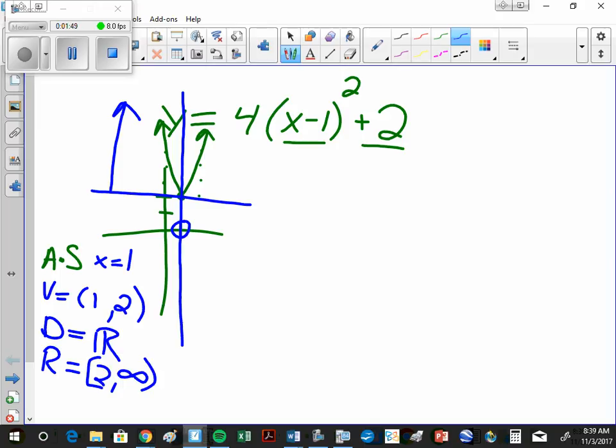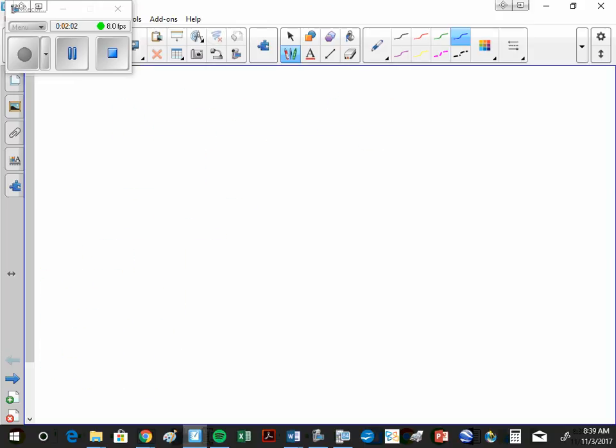Okay. Did it ask any more questions? Vertex, axis of symmetry. Okay. What about this graph? How would you describe the movement?